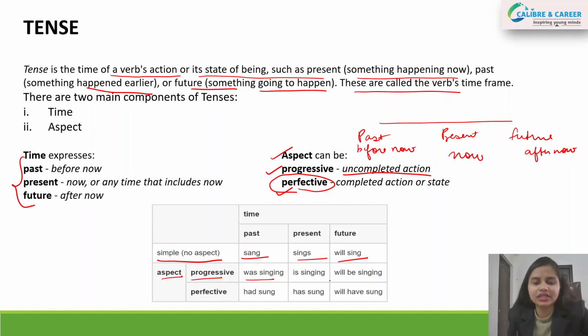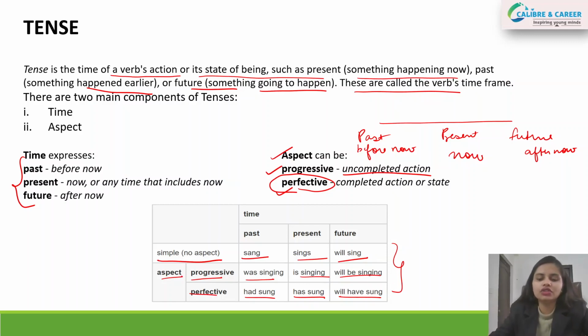It is singing, was singing, is singing, or will be singing. While if we talk about perfective, had sung means the song that she was singing, she had completed that action. Has sung in respect to present, and will have sung with respect to future. So with respect to tense, two things should be kept in mind: one is time and another is aspect.